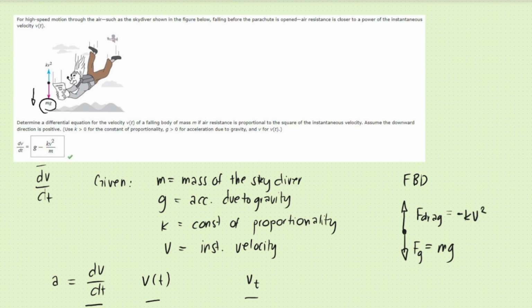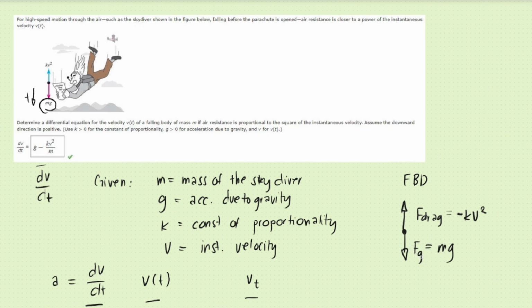We put a negative sign here because its direction is pointing upward, and as we said before, we're treating the downward direction as positive. So the dragging force should have a negative sign. Now we've already drawn the free body diagram of our object.